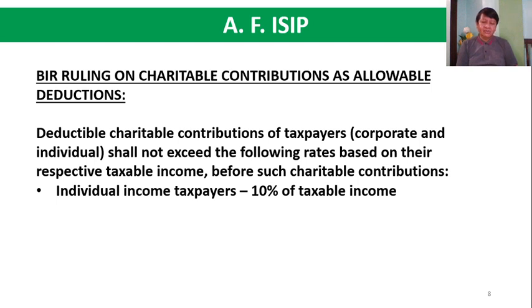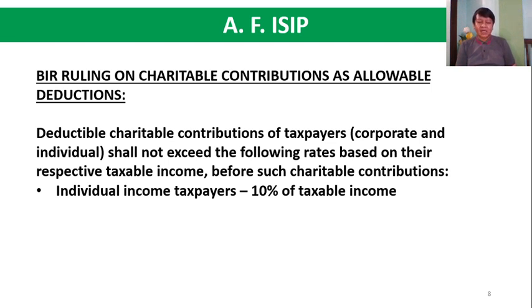If you donated to charitable institutions not accredited by BIR, or if you donated to government projects but the project is not a priority project, example, you made a donation of 300,000 pesos, the 300,000 pesos will not be allowed as deduction. Only the 10% of your taxable income is the allowable deduction.